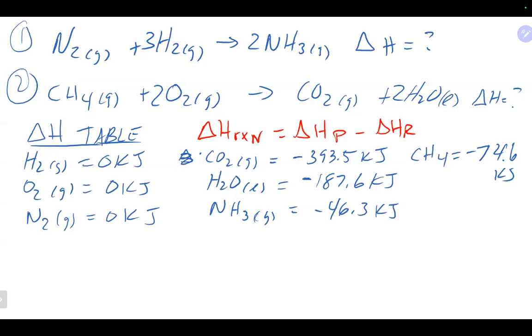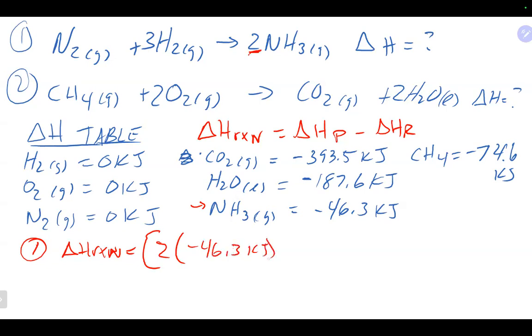So if we did our very first one up here, the delta H of the reaction would be our product side, which in this case is the NH3. And there is a coefficient of 2 here. So we would take 2 times the value of NH3, which is right there, minus 46.3 kilojoules. That is pretty much all the products that we have.